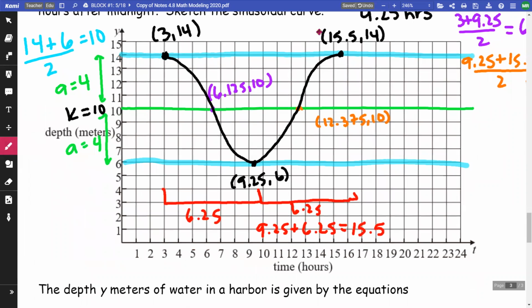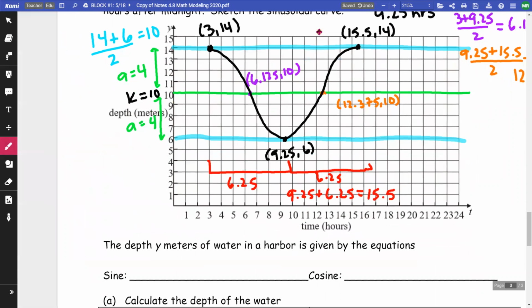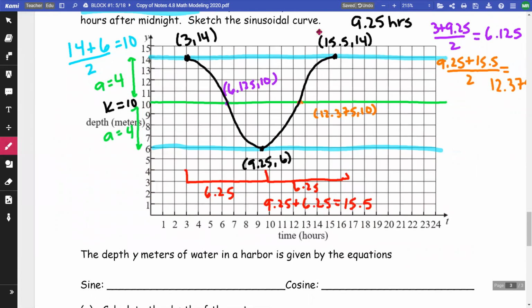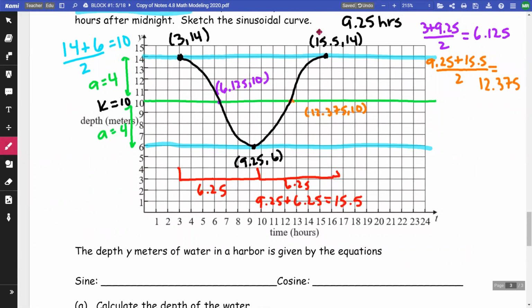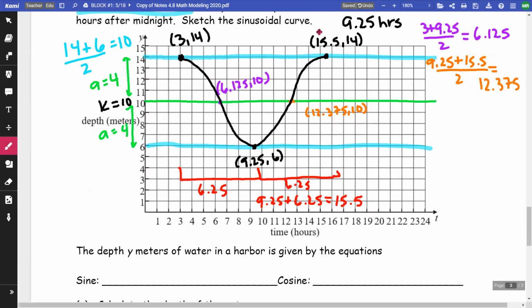Now I'm going to write this. They want us to write it as a sine and as a cosine, so they want both of these. Let's do the cosine one first. That's probably a little easier going from here to here. So this is going to be y equals, my amplitude is 4, a positive 4 because I'm starting at the high, cosine. Now to find my b, 2 pi over b equals my period.